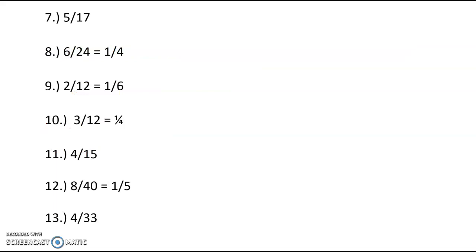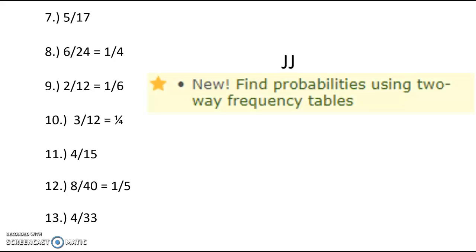You may now check your answers for questions 7 through 13. If you've gotten the majority of the answers right, you are now ready to begin the lesson on finding probabilities using two-way frequency tables.